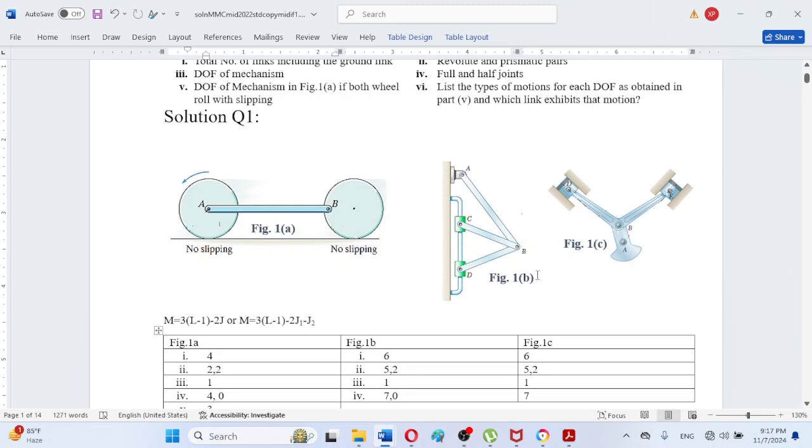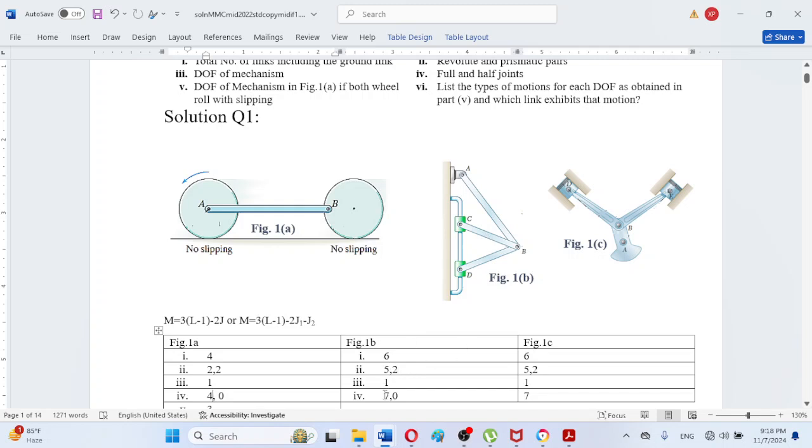So in figure 1b we can observe that, as we have already counted, there are five revolute pairs and two prismatic pairs. Their sum is all full joints.